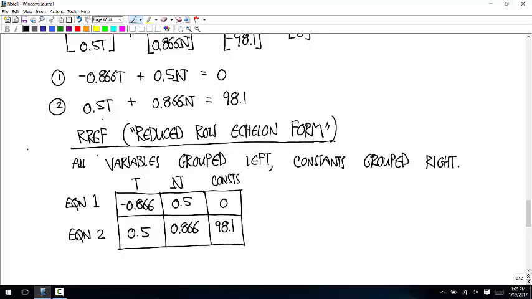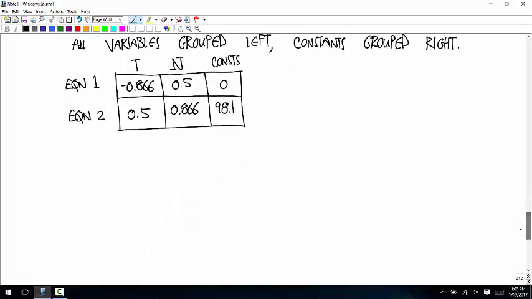98.1. If you enter that into your calculator as a matrix, and then run the function RREF. If you have a TI calculator, you can enter this one of two ways.